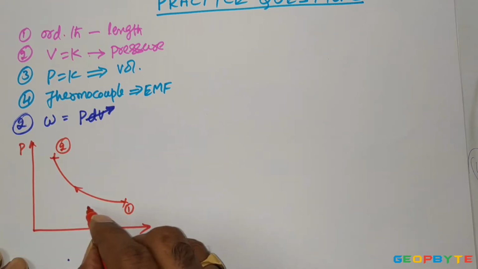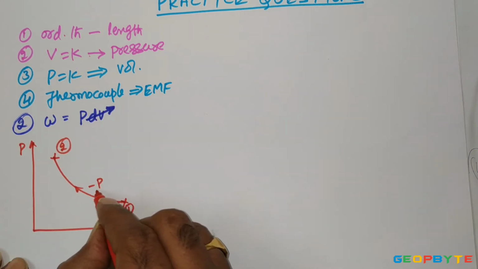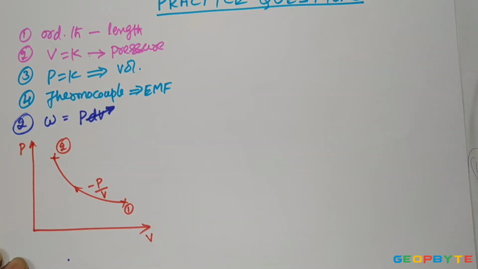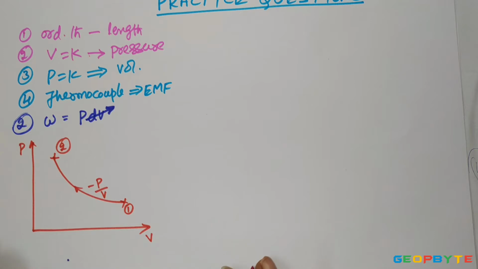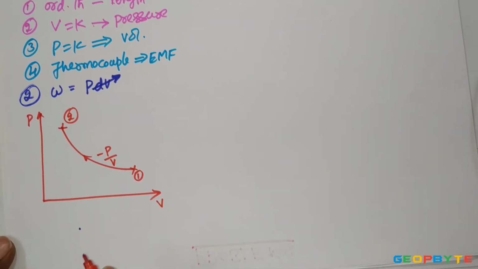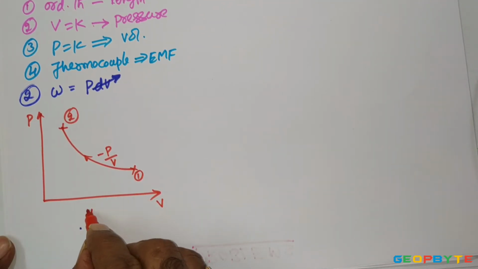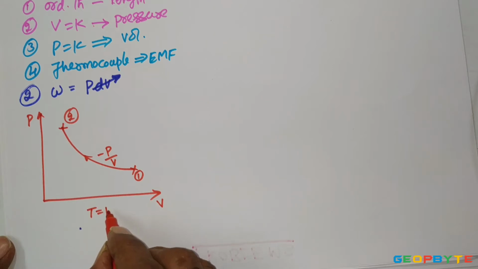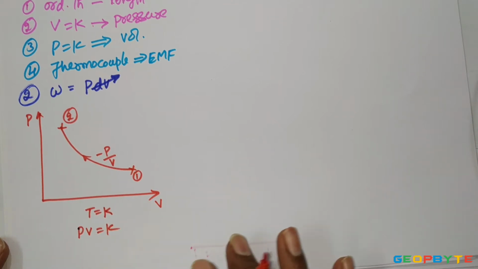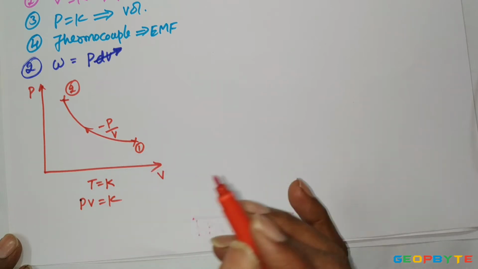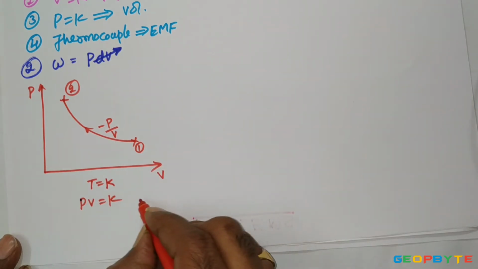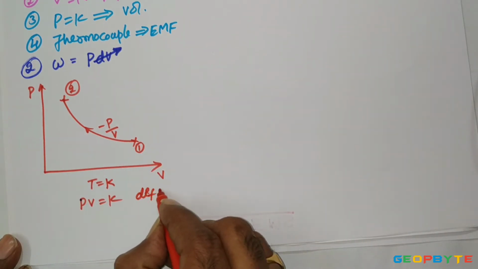Now the slope of this curve is minus P by V. That slope is obtained from Boyle's law only. According to Boyle's law, for any ideal gas at constant temperature, product of pressure and volume remains constant. Now for getting the slope of the isothermal curve with PV coordinate system, you differentiate it on both sides.